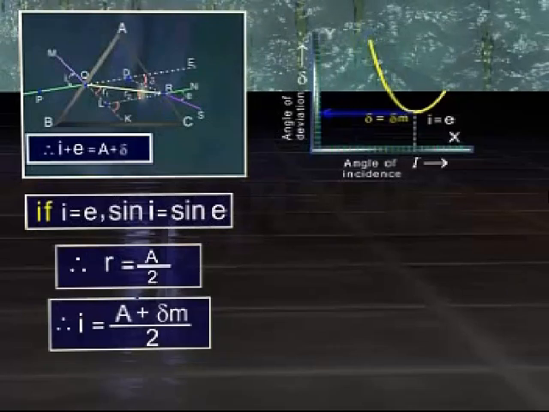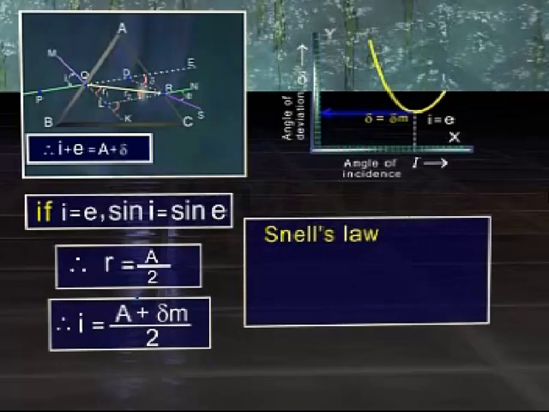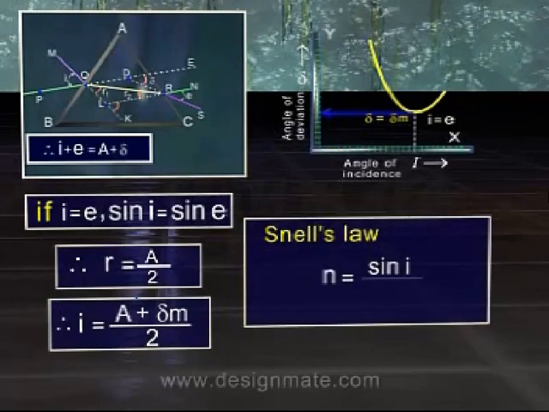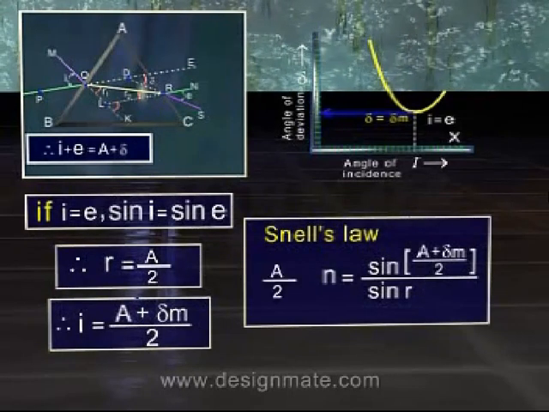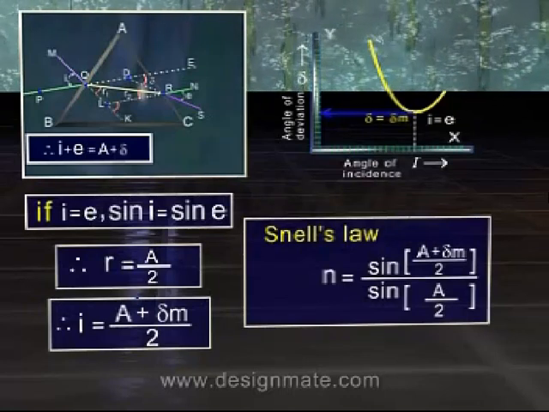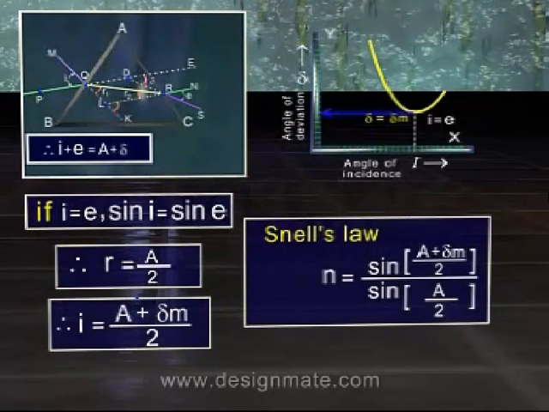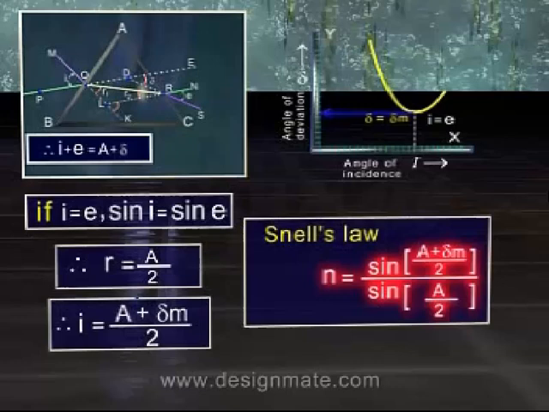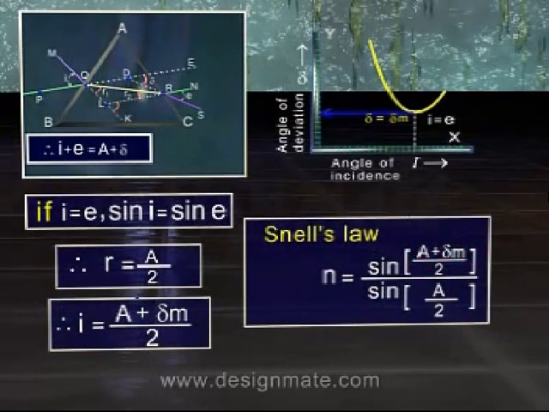Substituting the values of R and I into Snell's law, N is equal to sin I upon sin R, we get N is equal to sin of A plus delta M upon 2, the whole upon sin A upon 2. Using these experimentally determined values of A and delta M, refractive index N of the material of prism can be calculated.